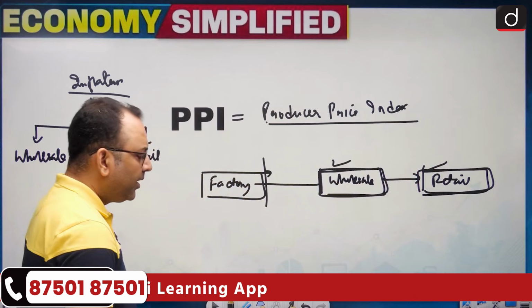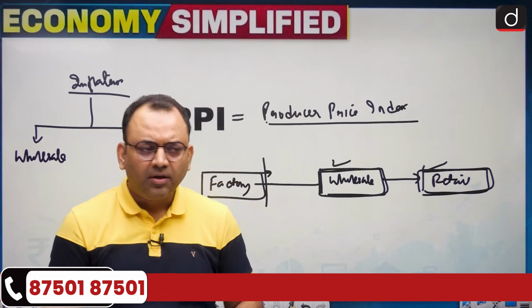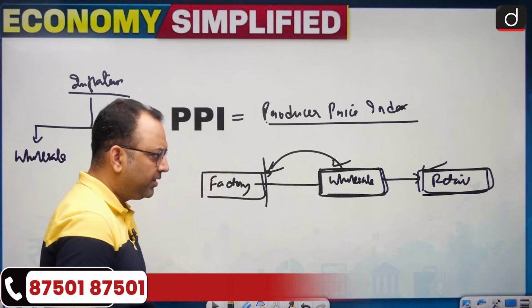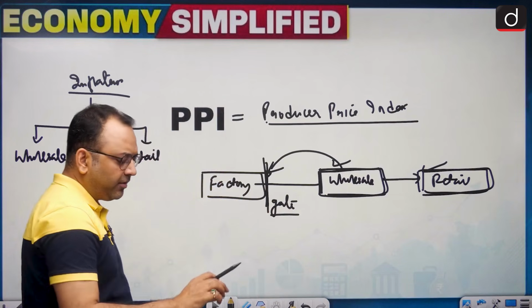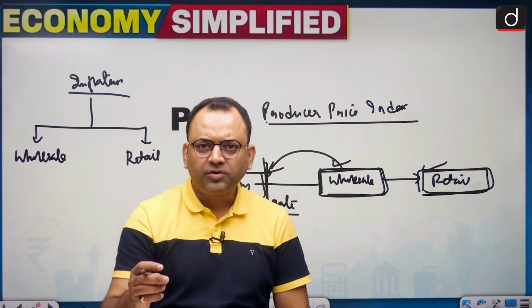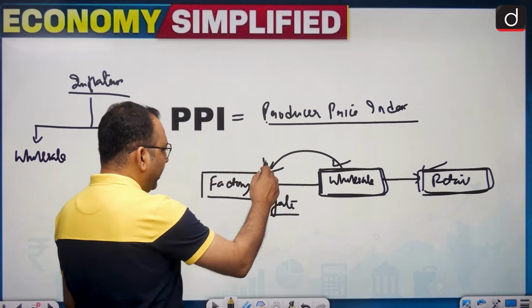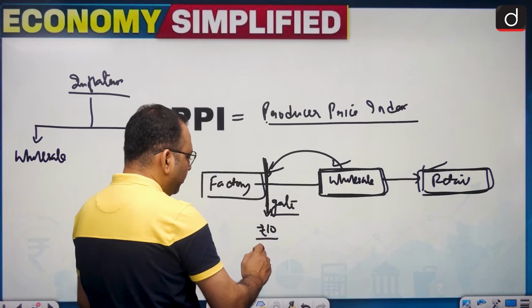And that is why we are now considering shifting the measure of inflation from the wholesale level to the factory gate level. See, the factory owner used to sell a produce at, say, rupees 10. From the factory gate, the goods are now released at rupees 12.